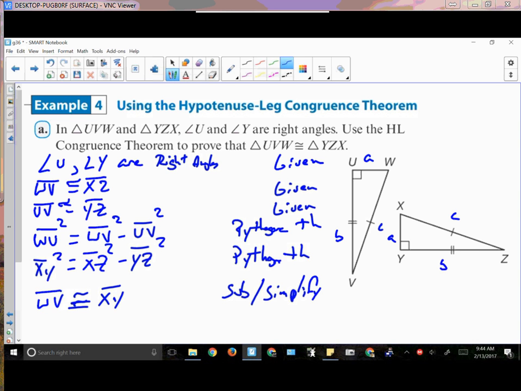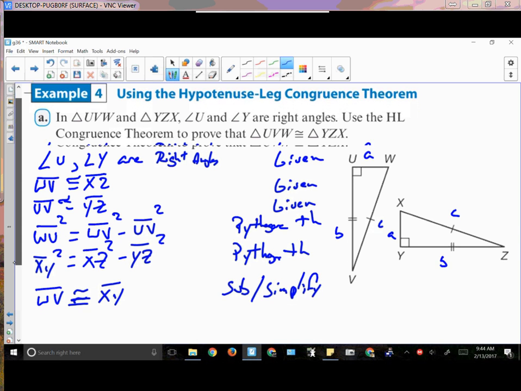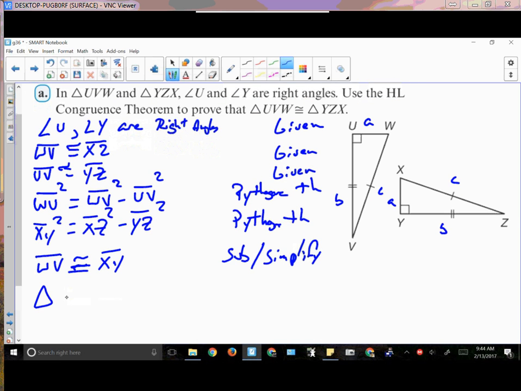If these are equal, those are equal, these are going to be equal, correct? Okay. So what I am going to do is say that triangle UVW is congruent to triangle YZX by side, side, side.